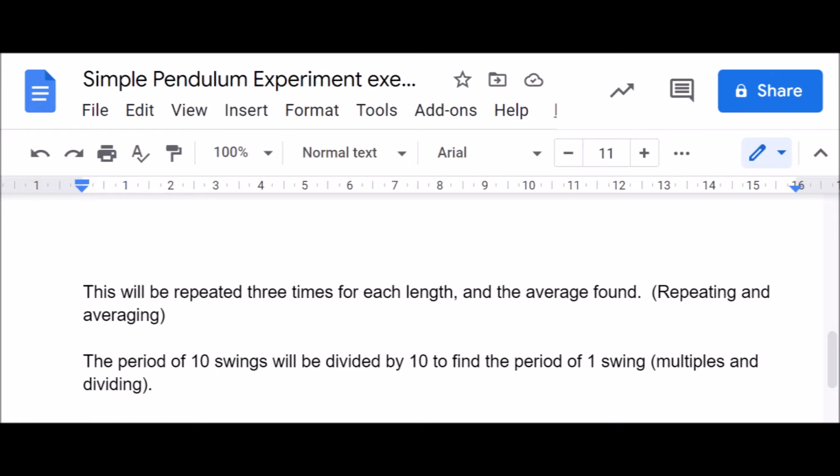The other accuracy improving technique that really applies to this experiment is multiples and dividing, and that's where, because the period of one swing is quite quick, we're going to measure 10 swings instead, just to minimize how much the human error plays into that. Other techniques we could have used were zero error elimination, parallax error elimination, and correct scale selection, but they weren't as applicable to this experiment, so they're not in there.